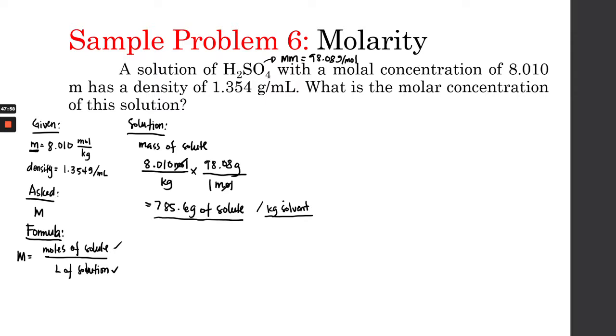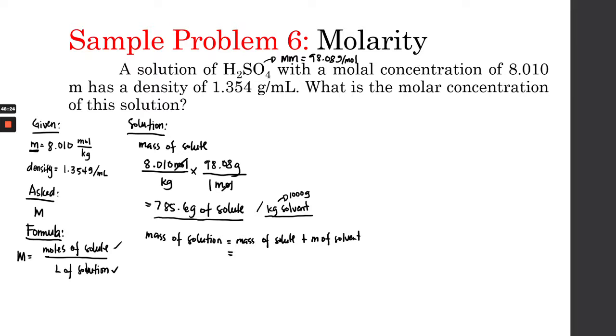What we need to do then is, 1 kilogram is equal to 1000 grams of our solvent. So the mass of solution is equal to the mass of solute plus mass of solvent.